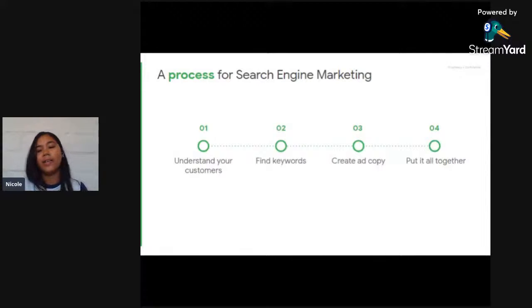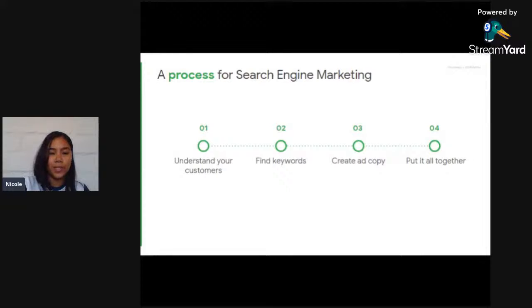So now let's take a look at the process for search engine marketing. The first step that you need to consider is you need to understand your customers. Understand your customers. This is what makes everything else happen.